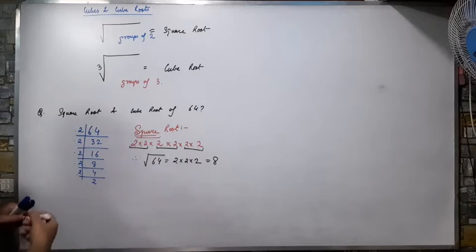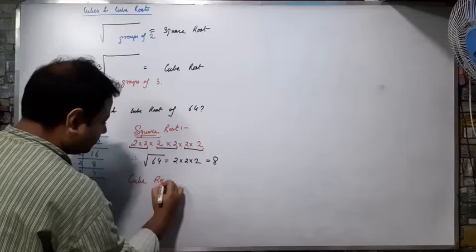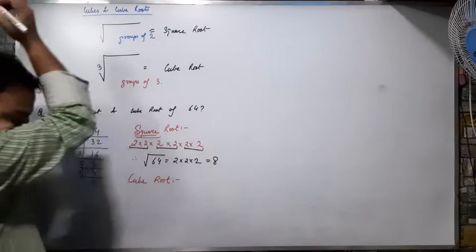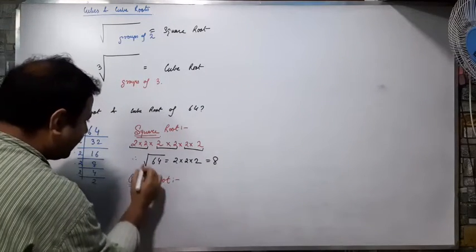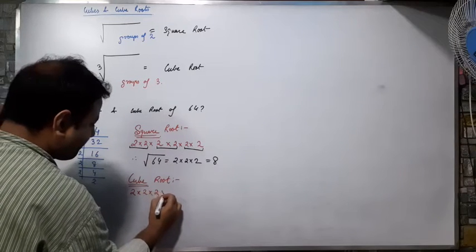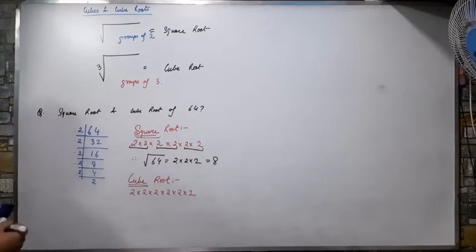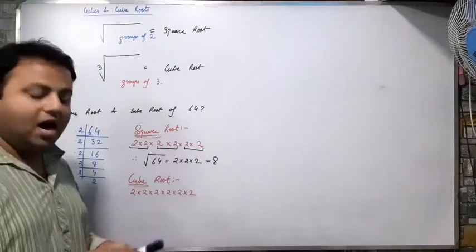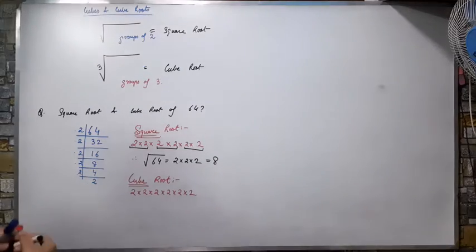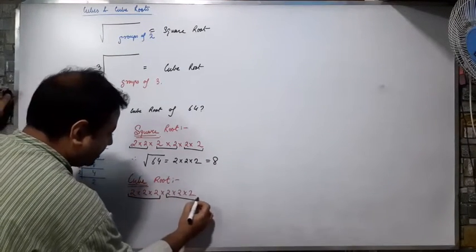But when it comes to cube root, I will write the factors first of all. But instead of making groups of 2, I will make groups of 3. So this 3 is a group and this 3 is a group.